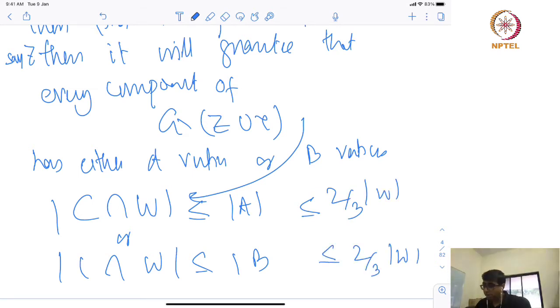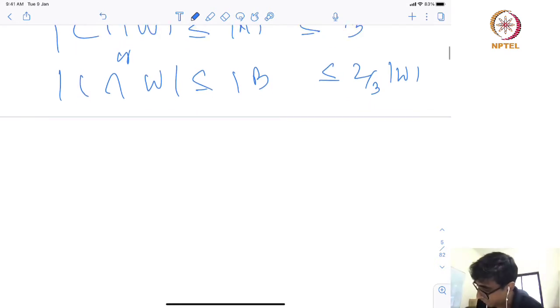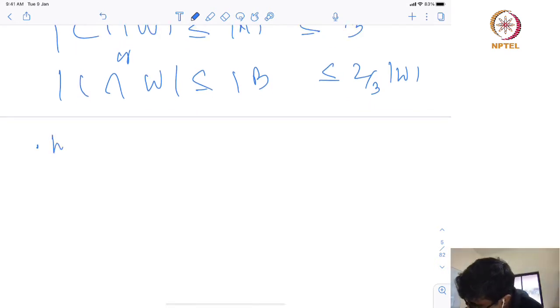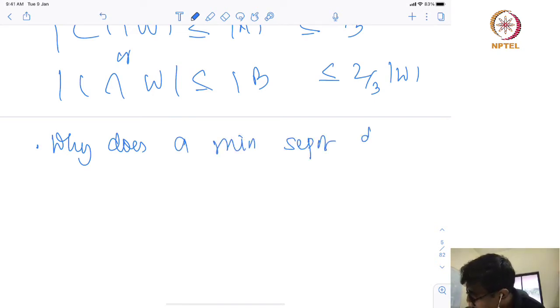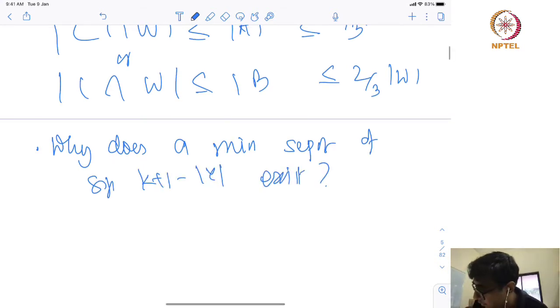Okay. But the question arises, okay, that's fine, but why does a minimum separator of size k plus 1 minus y exist? Not clear, right?